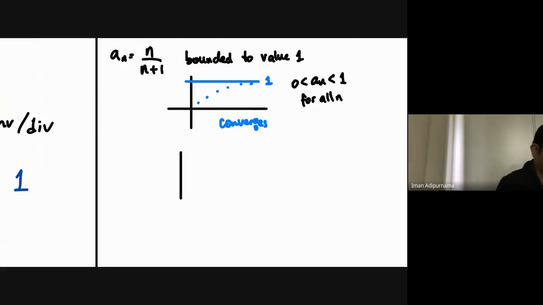And also if you have, for example, an alternating series, it will alternate between sometimes here, sometimes here, here, here, here.